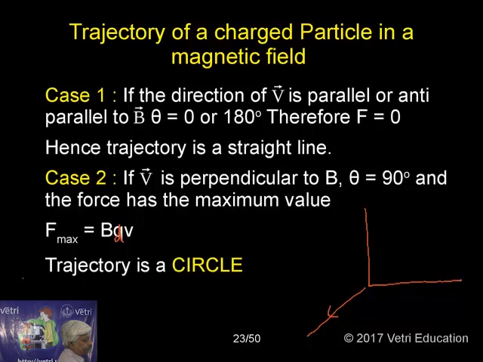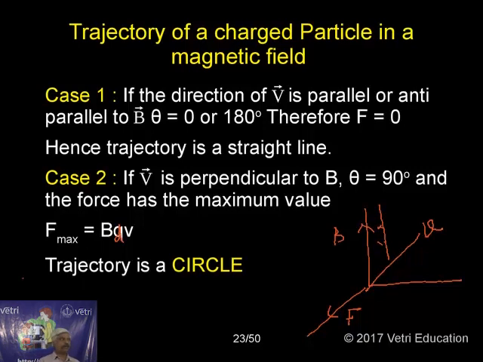This is the force, this is the velocity, this is the field. If the direction of the velocity is parallel or anti-parallel to B, the body does not move like that. Parallel or anti-parallel, then theta becomes 0 or 180.